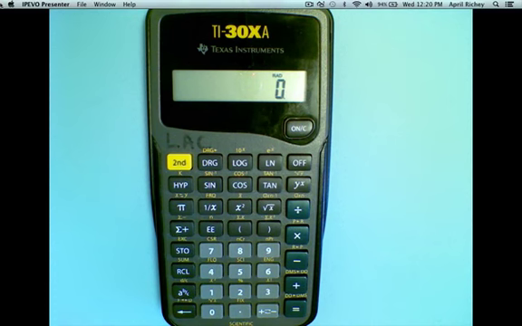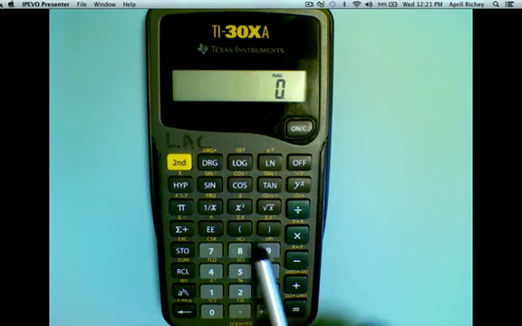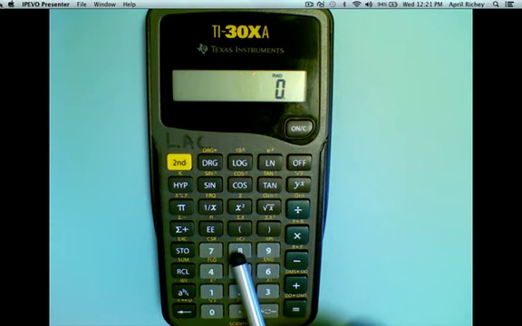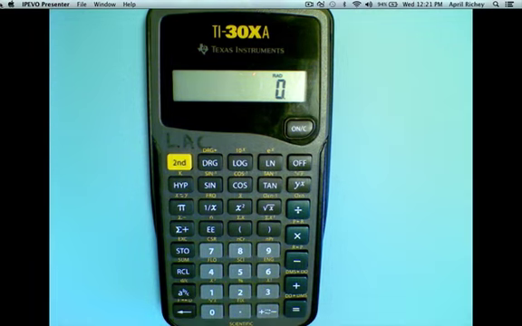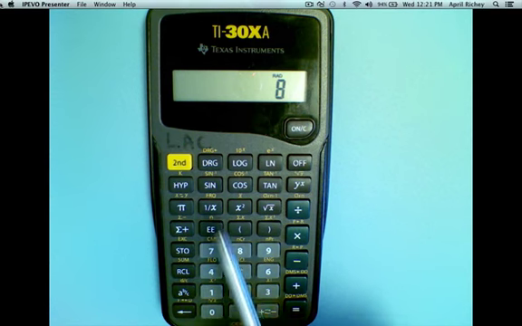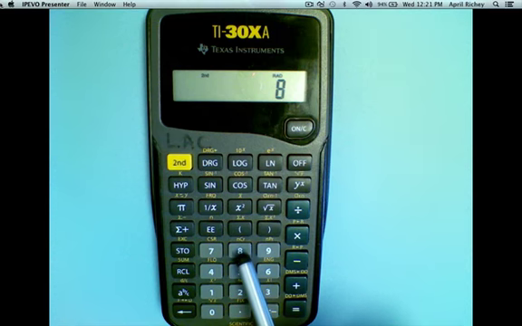Now let's look at how to do combinations on the calculator. Remember, the permutations were above the number 9. Combinations are above the number 8. It's the nCr. So if I want the number of combinations of 8 choose 3, I'm going to type in my 8, hit second and then the number 8 to get to the combination, and then type in a 3 and hit equals.